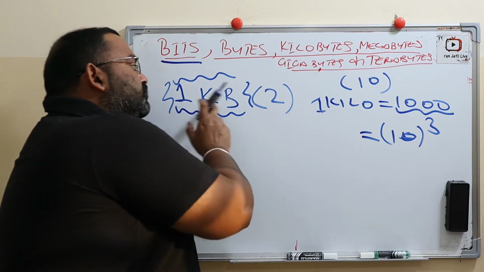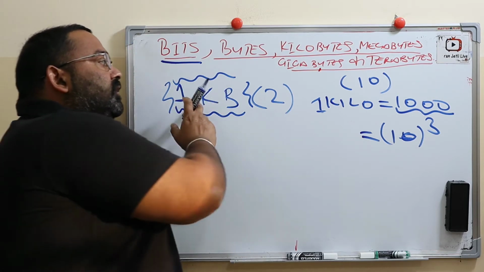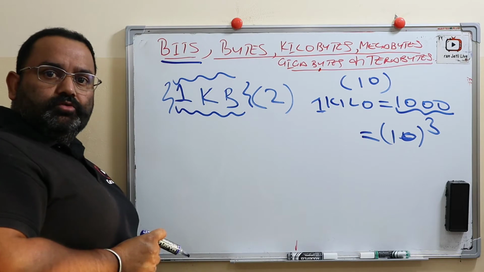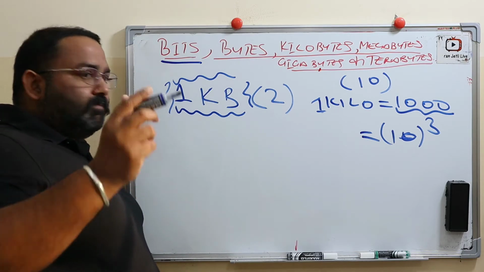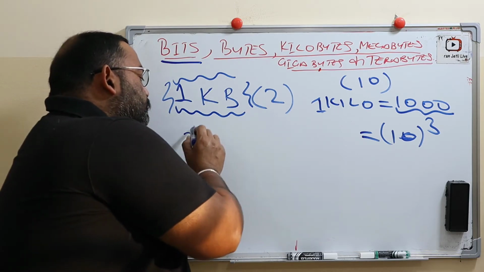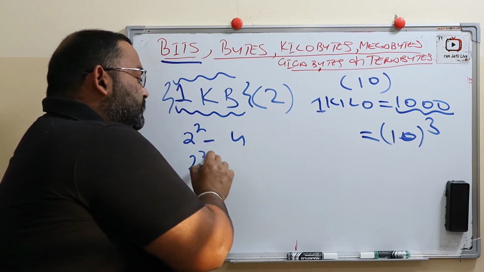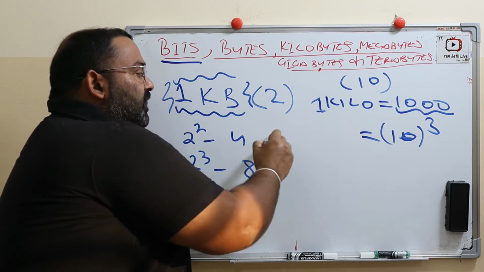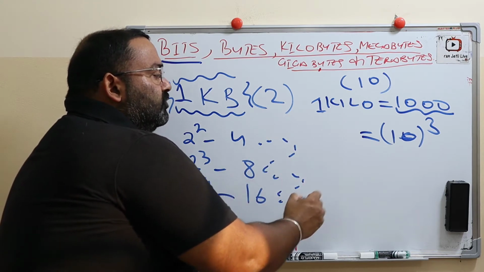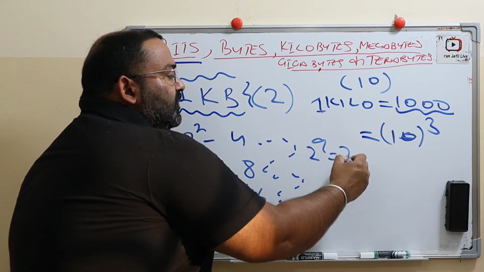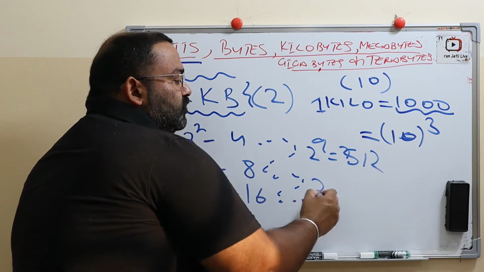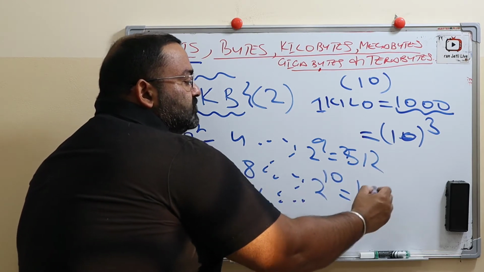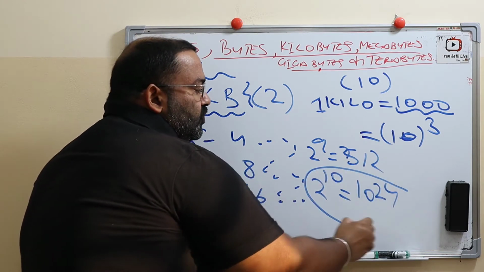Now in computer what will be 1 kilo? The kilo has to be power of 2. So 2 power 2, 4, 2 power 3, 8, 2 power 4, 16 and so on, we keep on going. 2 power 9, 512, 2 power 10, 1024.